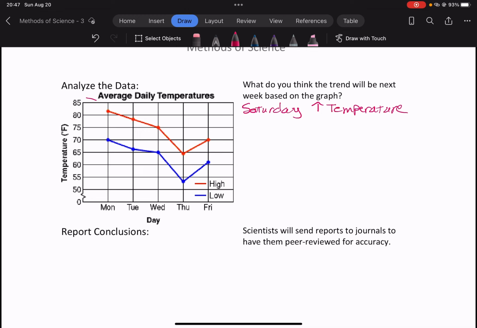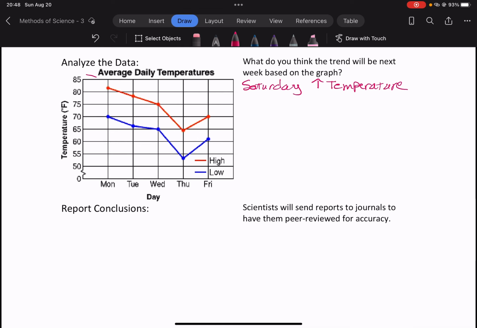At this point, any prediction may be right, may be wrong, maybe some right, maybe some wrong. But that's the whole beautiful thing about analysis, is that when we look at data, we have to actually interpret what it looks like. And then once the scientist does that, it reports it.